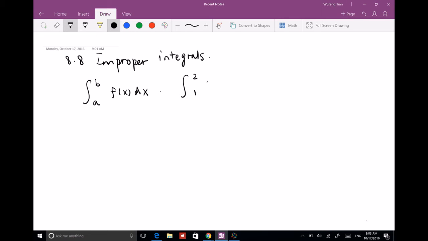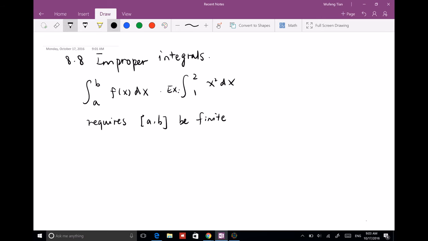This kind of integral requires the interval a and b to be finite. So you have finite boundaries.